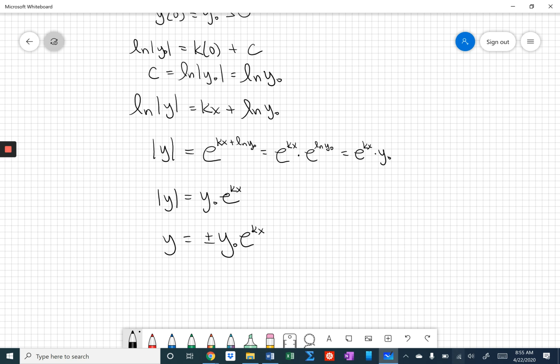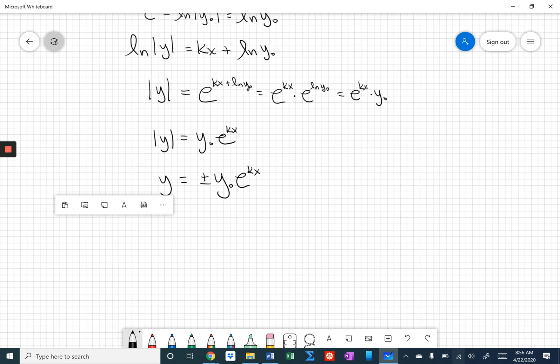Anything above that was an increasing concave up curve, and anything below that, starting with a negative value, was a decreasing concave down curve. That's where the plus or minus comes into play. The plus is when the initial condition is starting above the horizontal axis, and the minus is for when the point that the curve has to go through is below it.